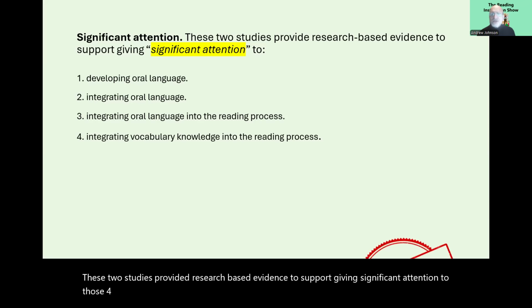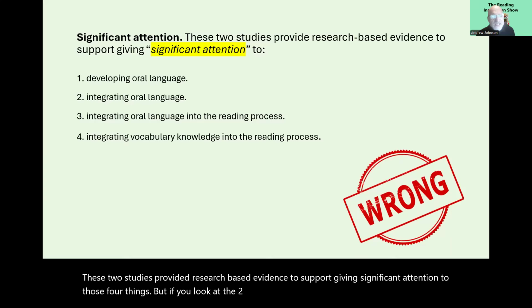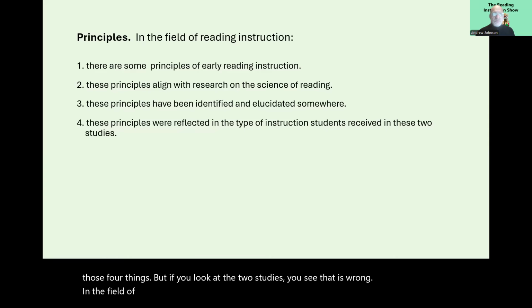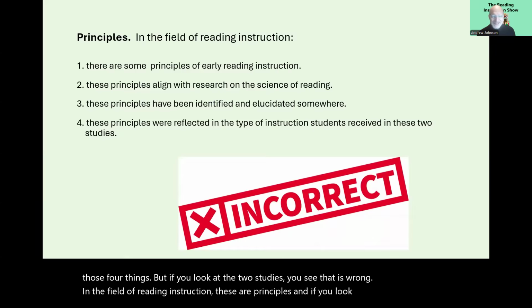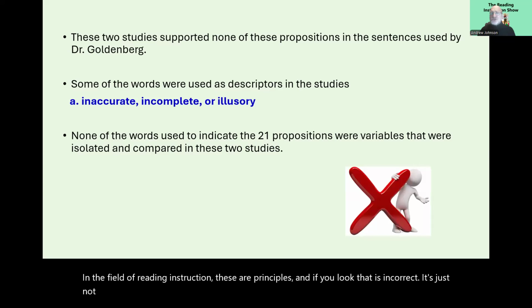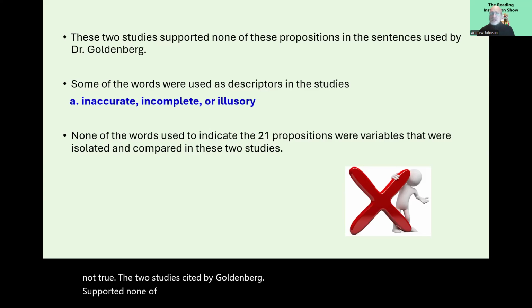But if you look at the 2 studies, you see that is wrong. In the field of reading instruction, these are principles. And if you look, that is incorrect. It's just not true. The 2 studies cited by Goldenberg supported none of those propositions.